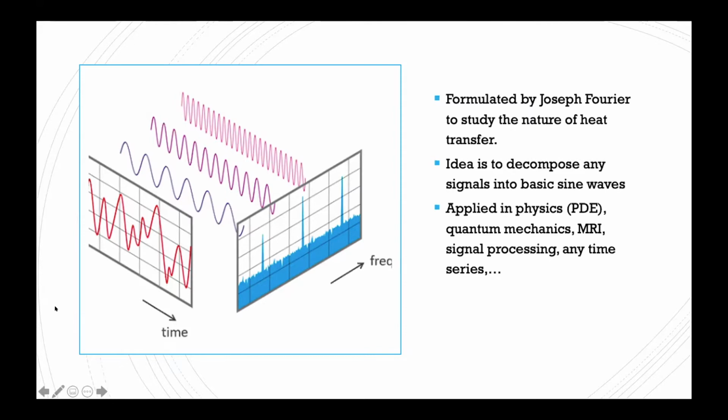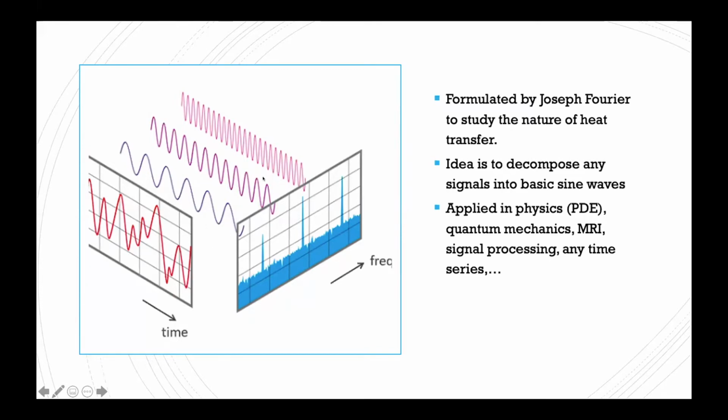So let's look at this photo on the left-hand side. If we have a signal, which is the red one, what the Fourier transform claims is that it gives you the ingredient signals. The ingredient signals are basic signals, meaning they oscillate the same way for an infinite amount of time.